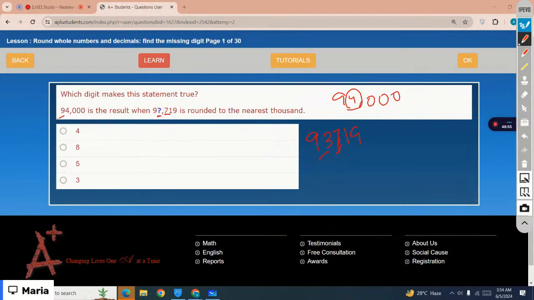The correct option is 3. Got it? Okay, let's move on to the next one.